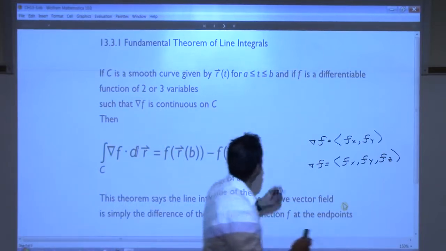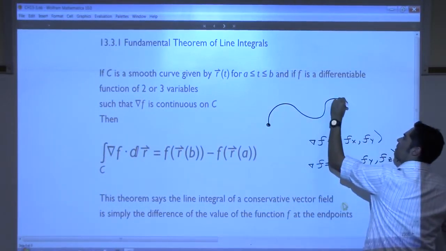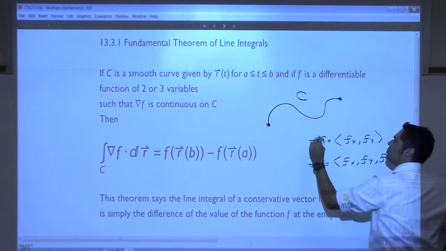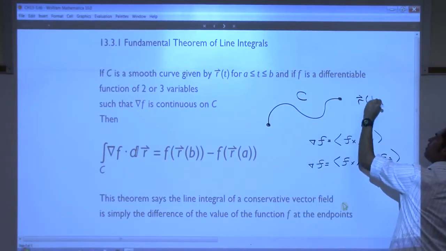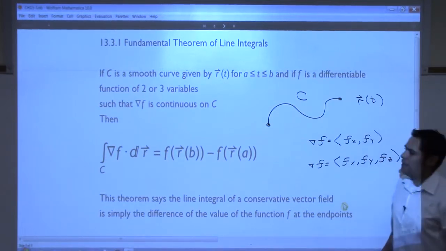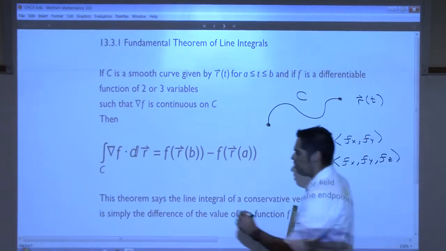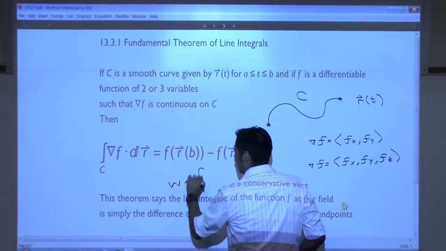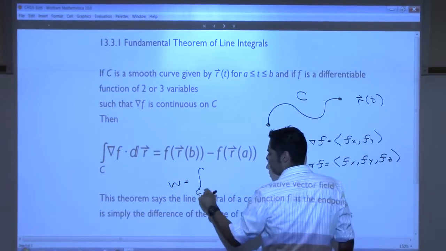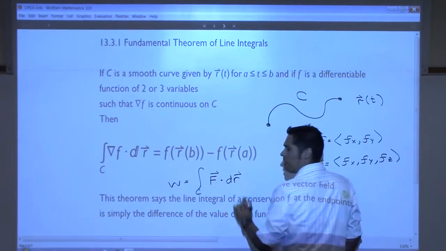So what does that mean? We have some curve, which might be in two-dimensional or three-dimensional space. r of t draws that curve. Then if I asked us to find the work done, we did this last class, work was defined to be the line integral over the curve C of the vector field dot dr. Remember that from last class?